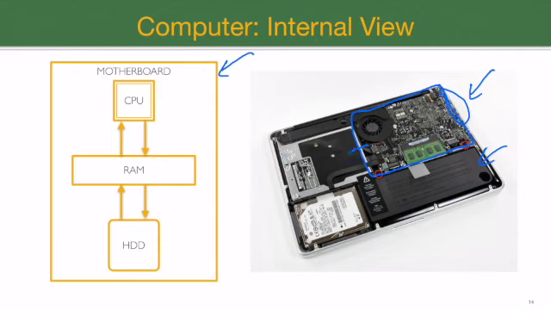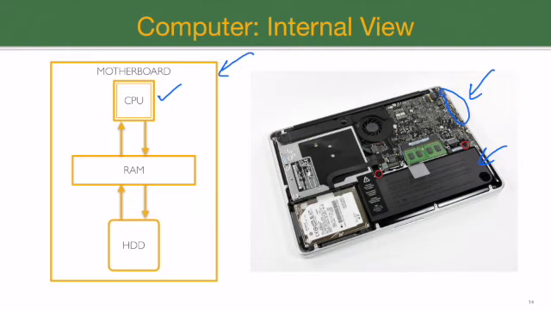Okay, next, on top of the motherboard we have a few things mounted. One of them is the CPU, the central processing unit, and all the computation in the computer is performed by the CPU. The most important component of the computer is the CPU.